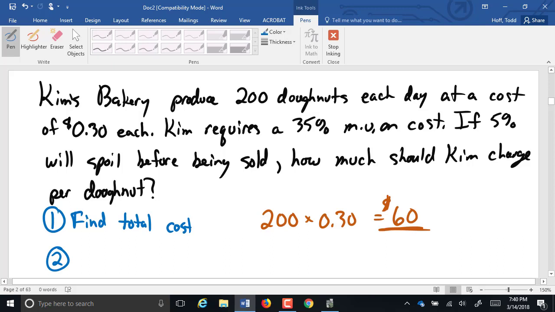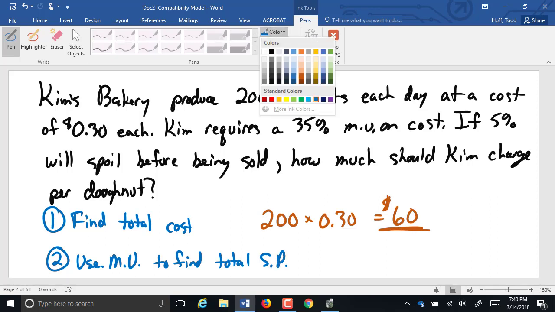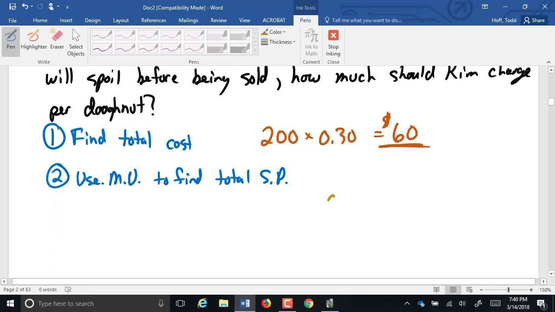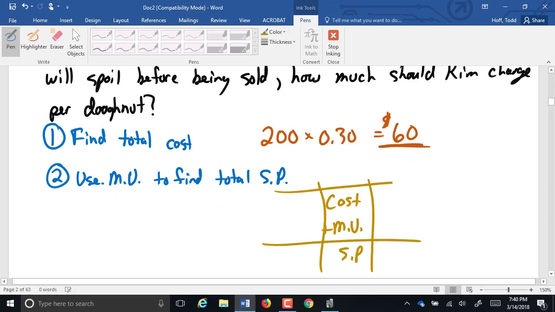Step 2 is to use the markup to find the total selling price. So this is our chart. Cost plus markup equals selling price. Only what's going in here now is not just the cost of a single item, it is the total cost of $60.